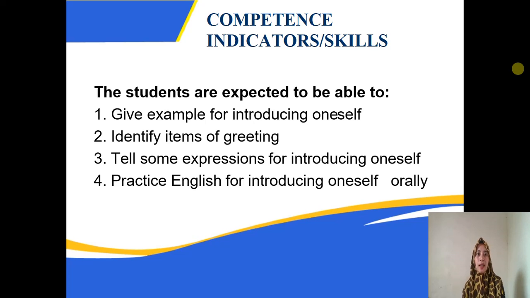And then the third competence indicator, the students are expected to be able to tell some expressions for introducing oneself. And then the fourth competence indicator, the students are expected to be able to practice English for introducing oneself orally.